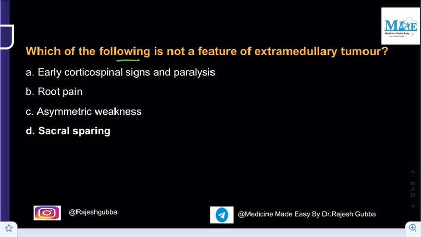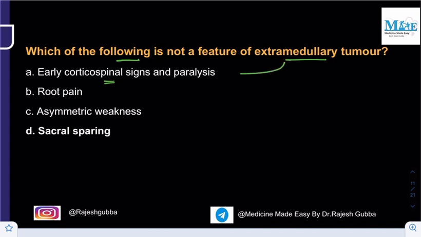Which of the following is not a feature of the extramedullary tumor? The options are early corticospinal tract paralysis and signs, root pain, asymmetrical weakness, sacral sparing. The corticospinal tract is present in the lateral part of the spinal cord.